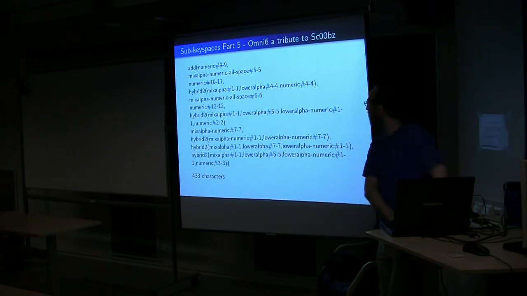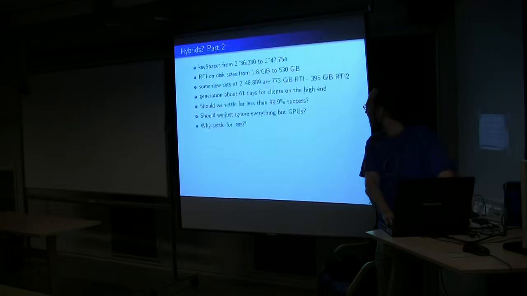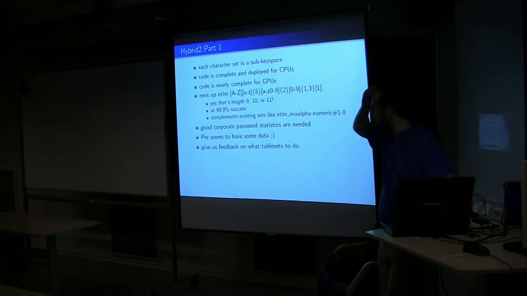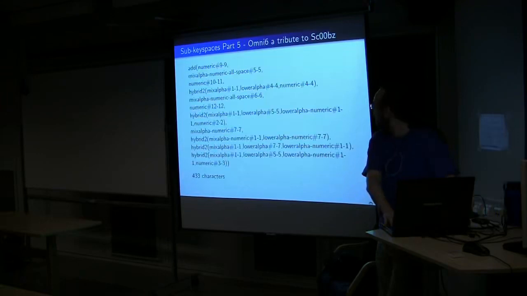Well, actually, that set, which will be our first hybrid 2 set, isn't generated yet. And this set, which is an example of possibilities of things that we can do in the future, is of course not generated yet. So, no, not yet.